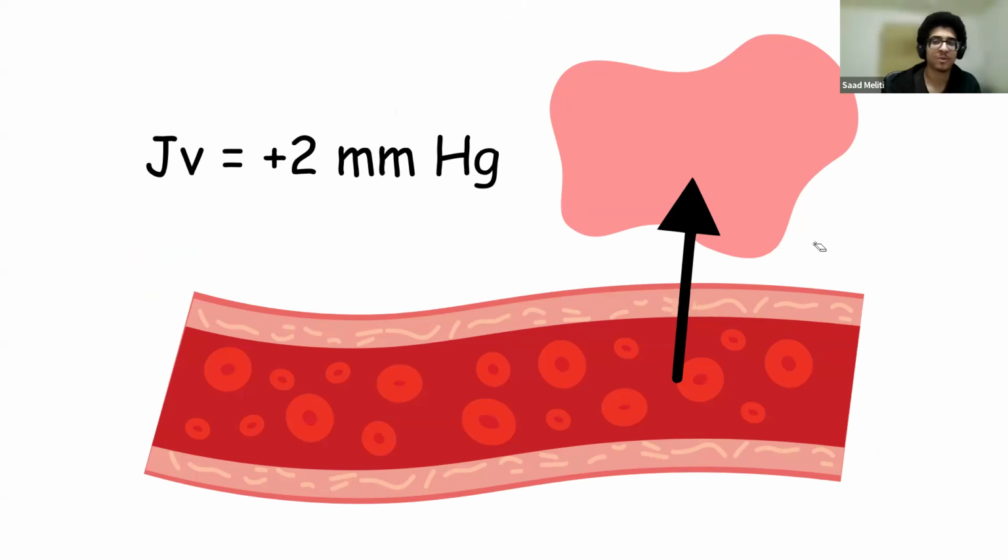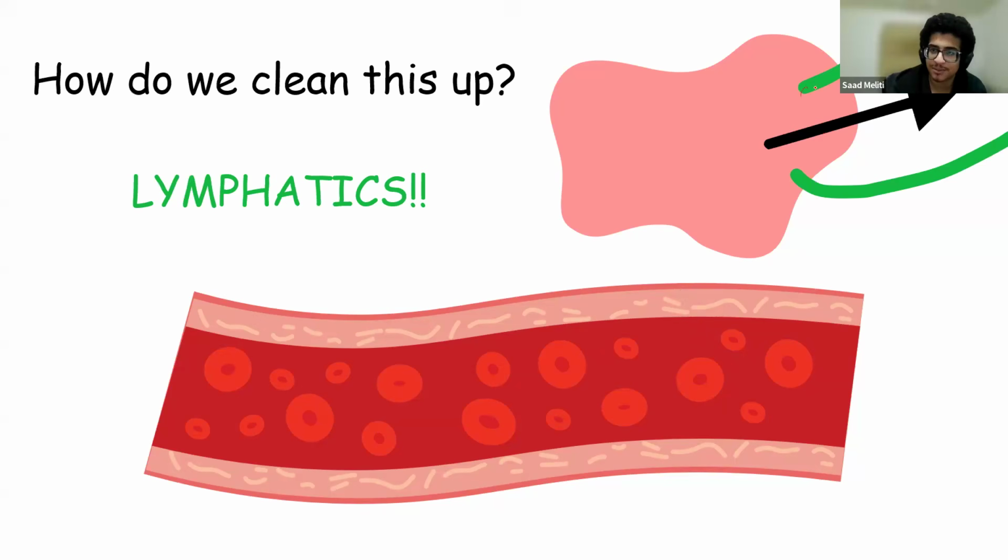Does anyone know how we get rid of this extra fluid? Lymph, exactly. Perfect. We have the lymphatic system. The lymphatic vessels are this little green thing. They suck out the fluid and bring it back to the systemic circulation. Let's not go into detail about lymph, but the lymphatic system takes this fluid and cleans it up.